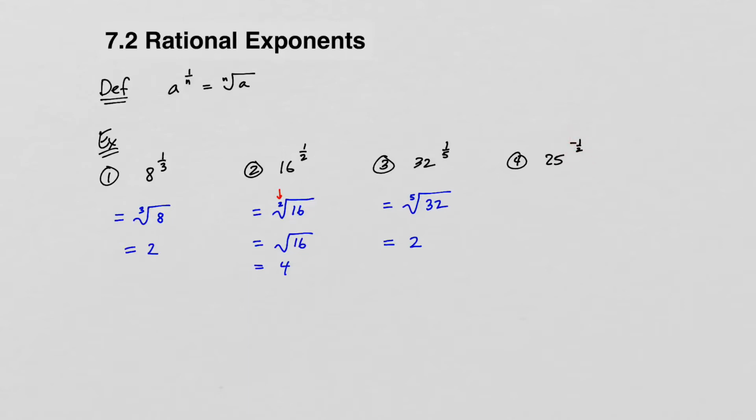If we have a negative exponent, we define this to be the reciprocal of the same base, but now raised to the positive power. So this is 1 over 25 to the 1/2, which is the same as 1 over the square root of 25. We know the square root of 25 is 5, so this is 1/5.